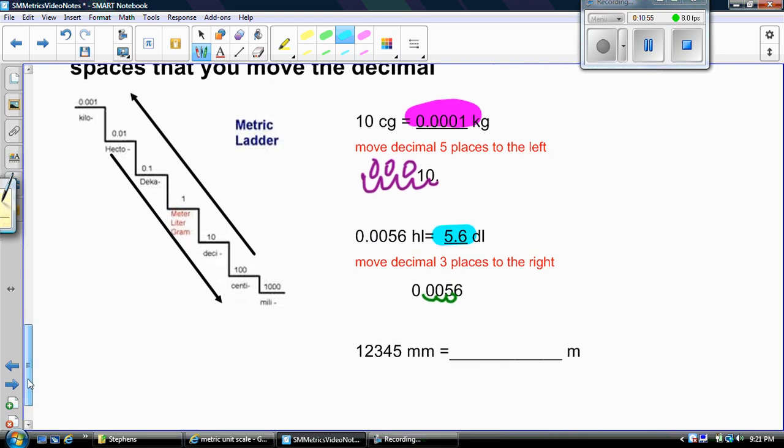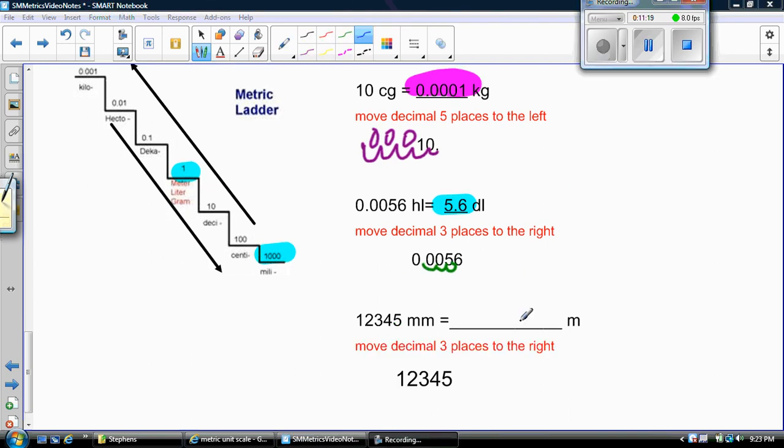The last example, I'm going from millimeters to meters. So I'm going from small to large. So I'm going to move my decimal to the left because I'm going up the ladder. I'm going to count how many stairs: 1, 2, 3. So I'm going to move my decimal 3 places. Remember, if a number doesn't have a decimal, then it's always at the end.